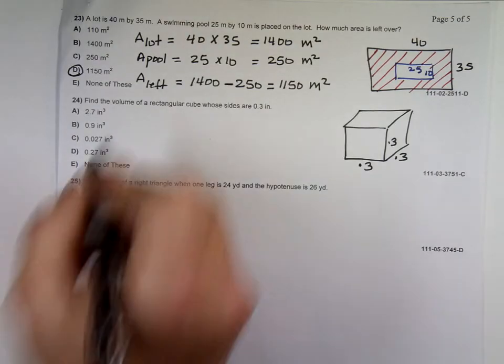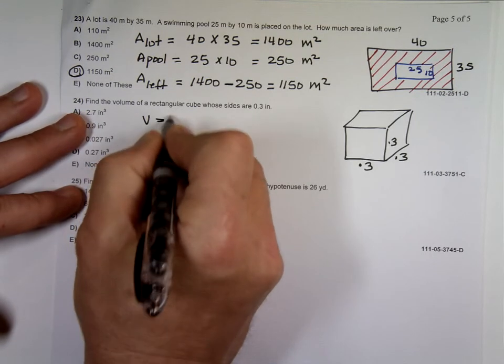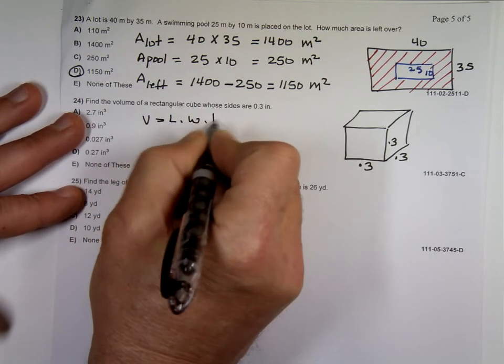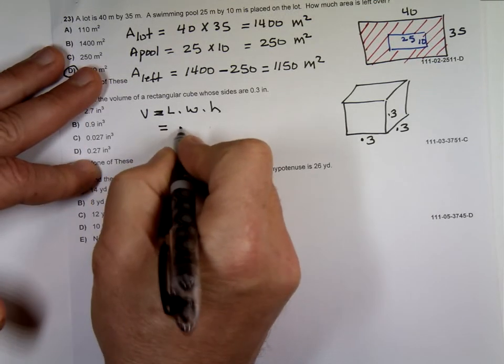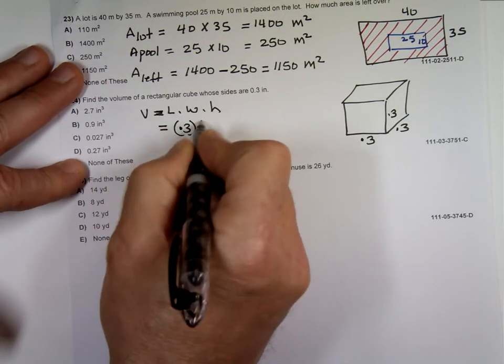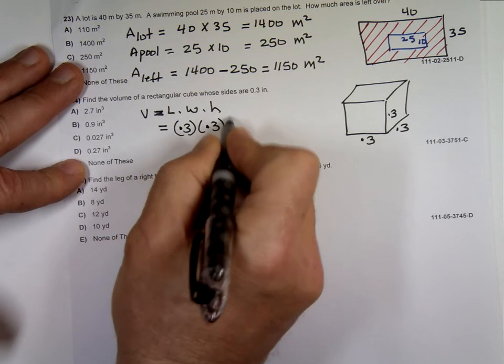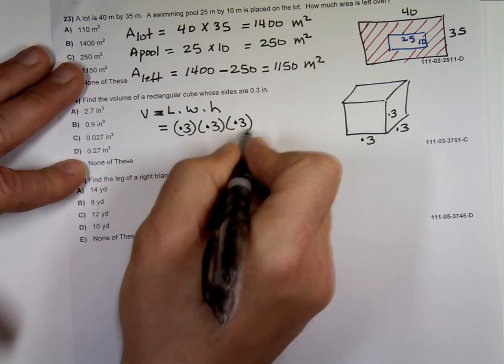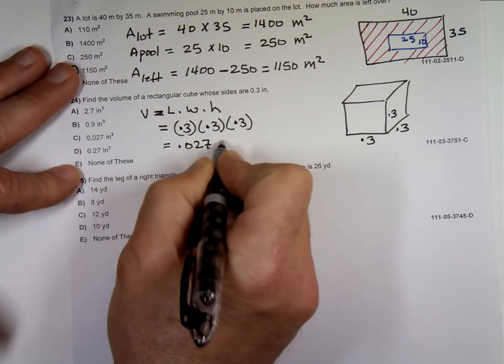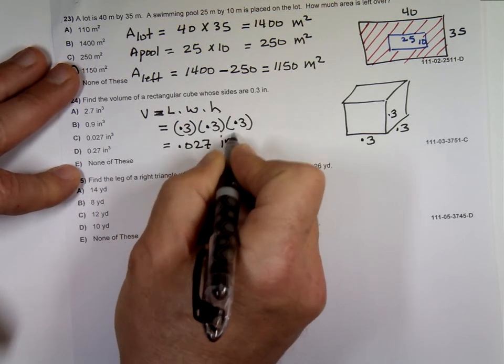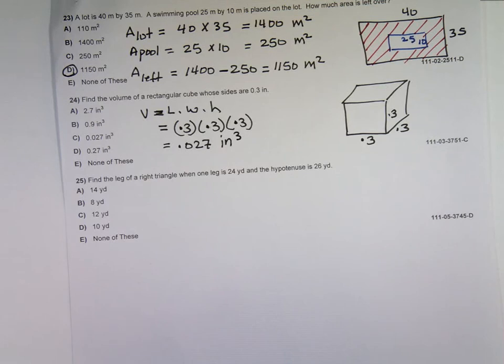So the volume is going to be length times width times height. I like it better than A times B times C. That's 0.3 times 0.3 times 0.3, which is 0.027 cubic inches.